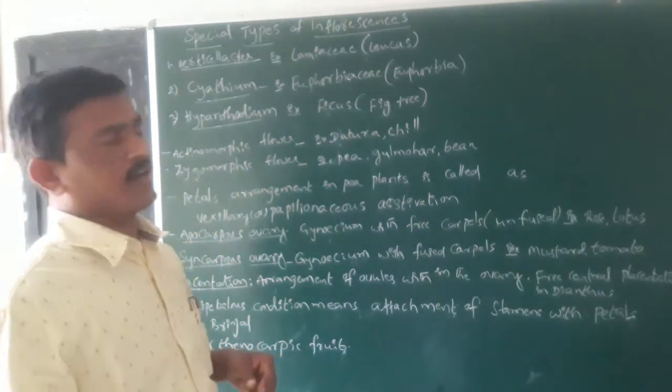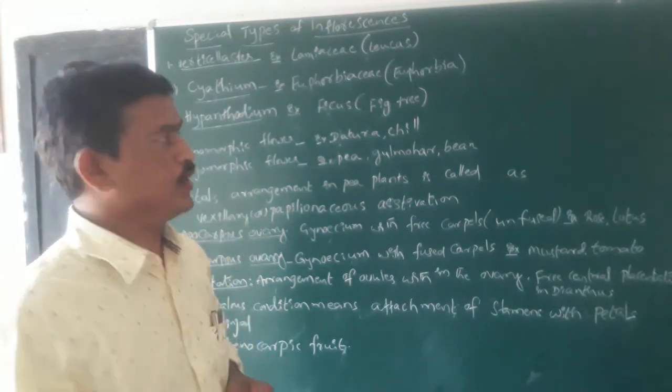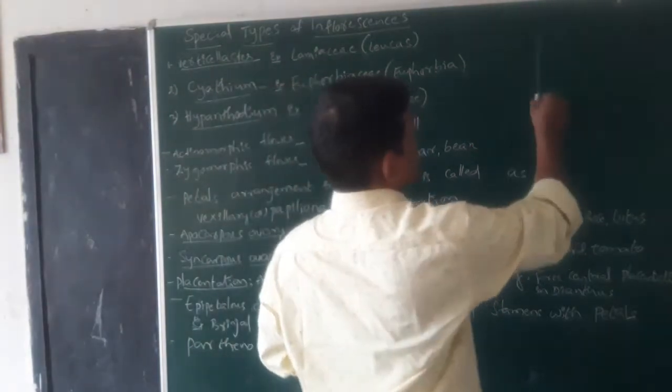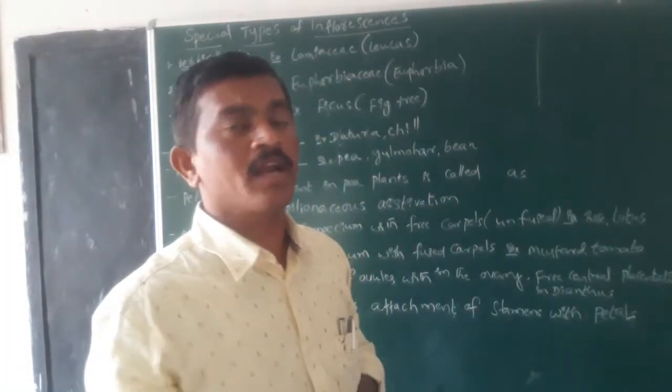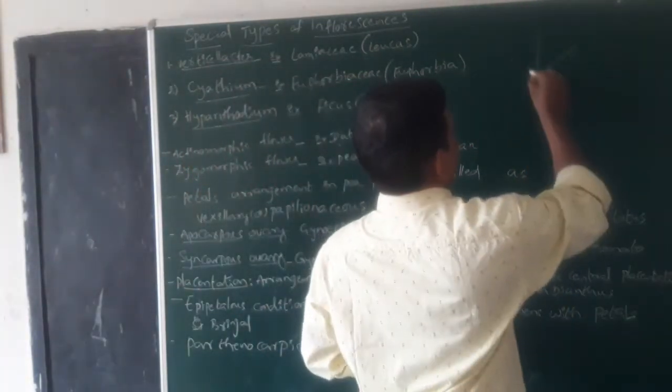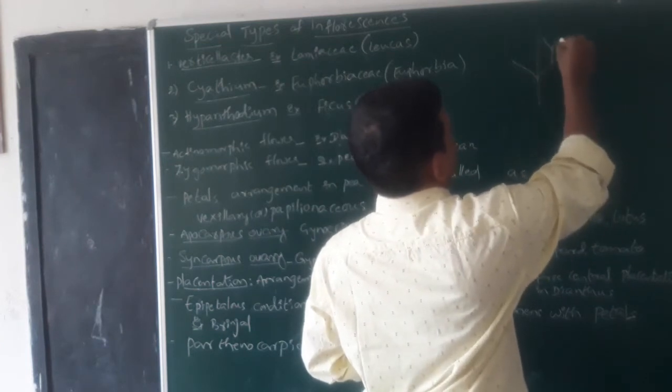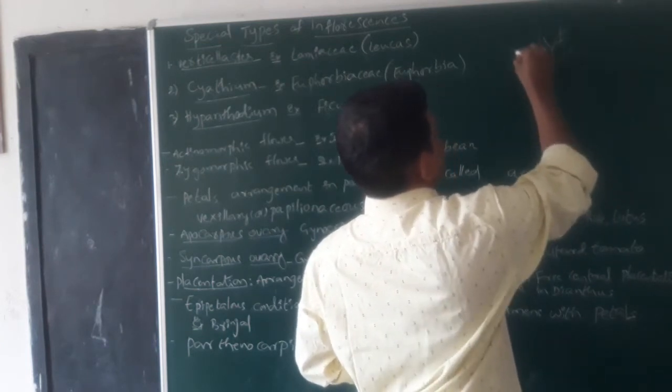Here in case of verticellaster inflorescence, usually it begins as a dichasial cyme and later it turns to a monochasial cyme.